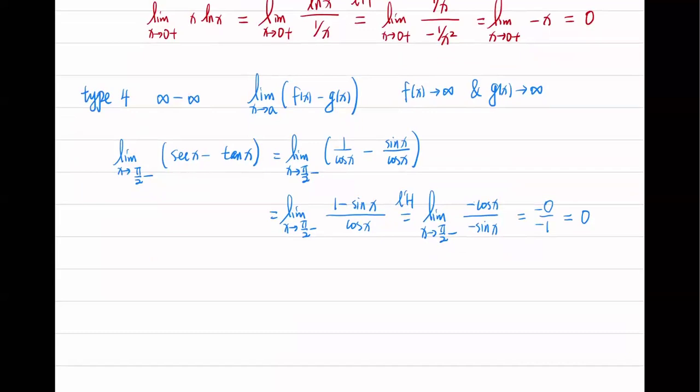And we have quite a few more types. Type 5. This type has 3 more types: 0 to the 0, infinity to the 0. Again, these are all types. They're not powers, not exponents, they're all types.